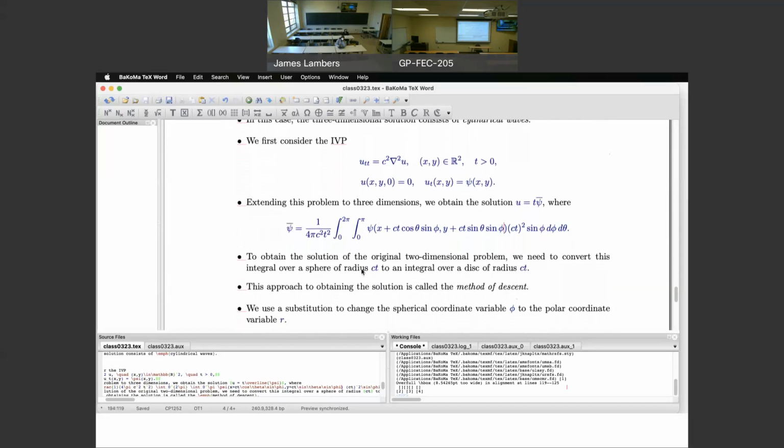So instead of working with a sphere of radius ct, we think in terms of a disk of radius ct. By disk, I'm referring to not just a circle, but the interior also. The way that we get this integral from being over a sphere to over a disk is called the method of descent.